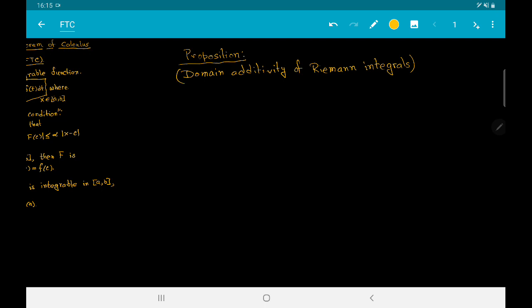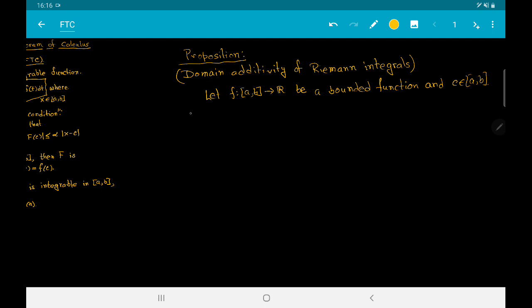This says the following: let f from [a,b] to R be, not yet an integrable function, but a bounded function, and let c be a point in the closed interval [a,b].